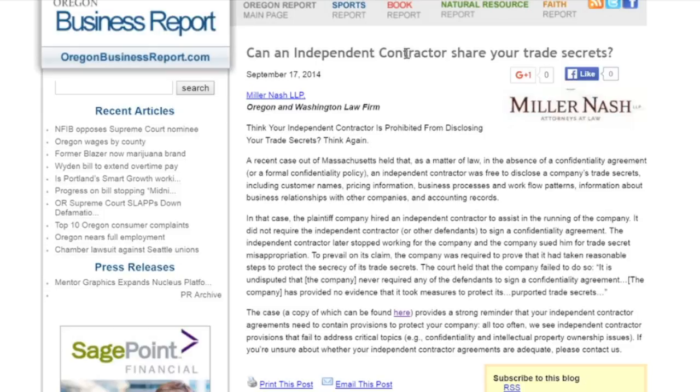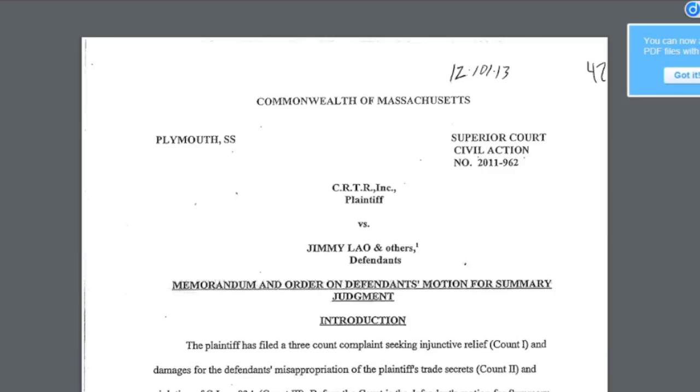So in this case, an independent contractor had entered into an agreement to do some activity for this company, but there were no confidentiality clauses within this agreement. Furthermore, there was nothing to indicate, just through conduct, that the information provided, customer information, for example, was to be kept secret.